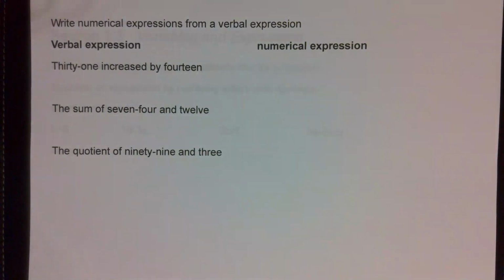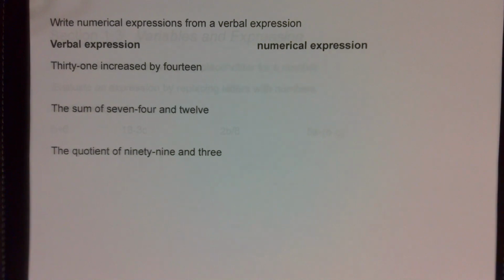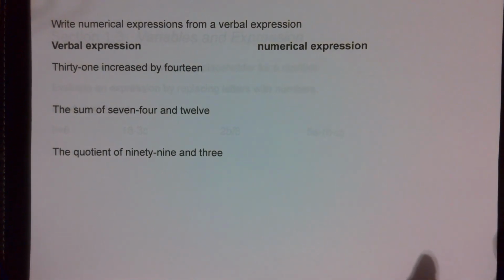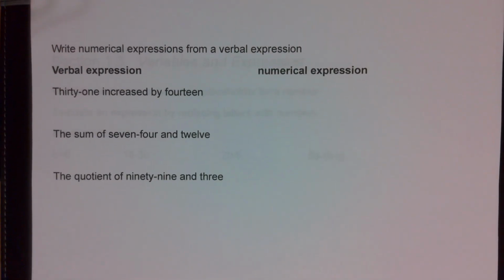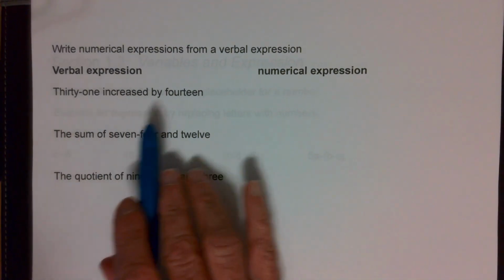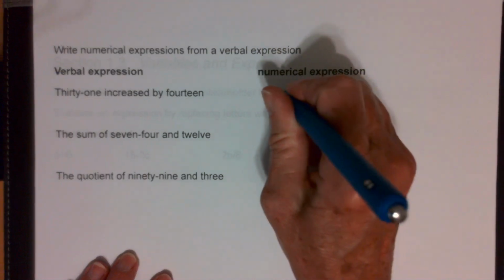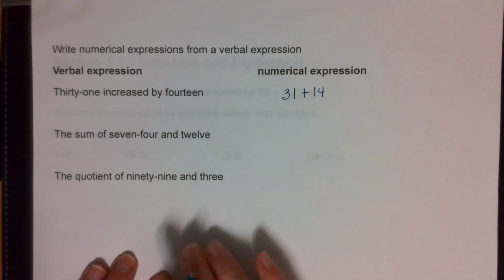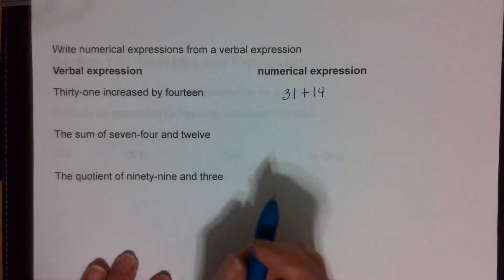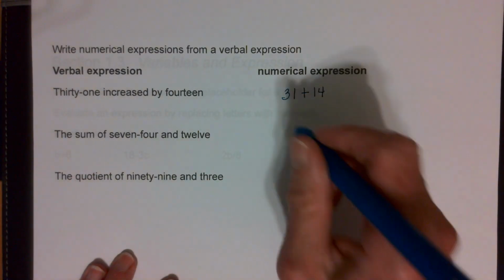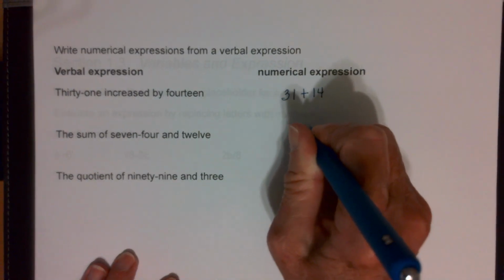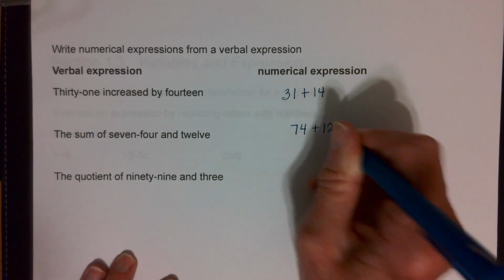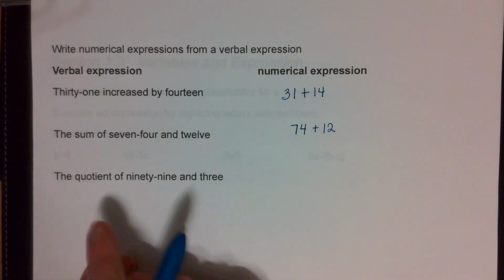You also have to be able to write numerical expressions from a verbal expression. A verbal expression is how you say it in words. So 31 increased by 14 would be 31 plus 14. The sum, a sum means addition, of 74 and 12 would be 74 plus 12.